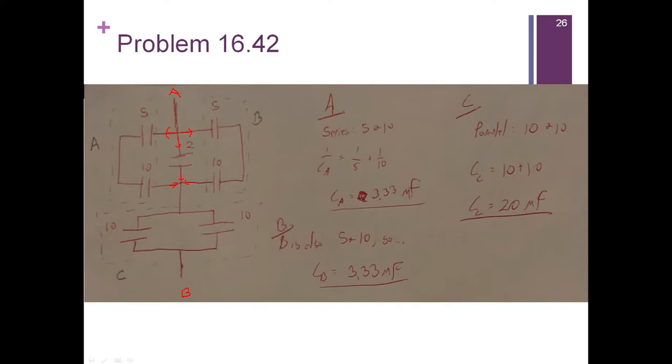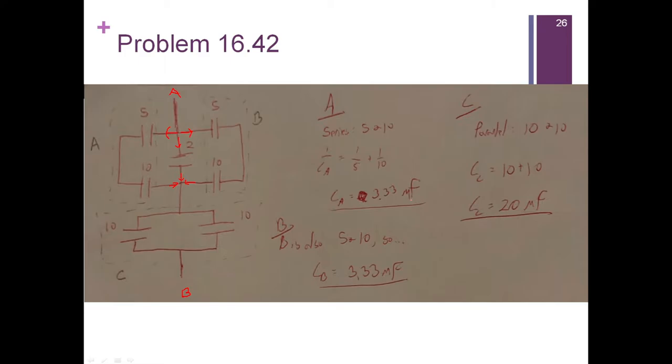So I performed the series math on that 5 and on that 10. So 1 over capacitance A is equal to 1 over 5 plus 1 over 10. This would overall give us a total capacitance for all of rung A combined of 3.3 repeating microfarads.